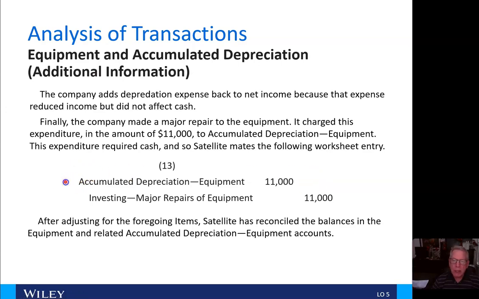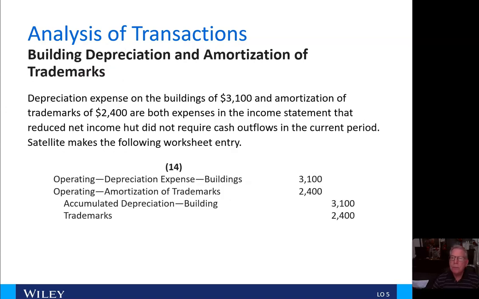It debits accumulated depreciation equipment here for $11,000, and in the investing section, major repairs on equipment, it credits. After adjusting for the foregoing items, Satellite has reconciled the balances in the equipment and related accumulated depreciation equipment accounts.